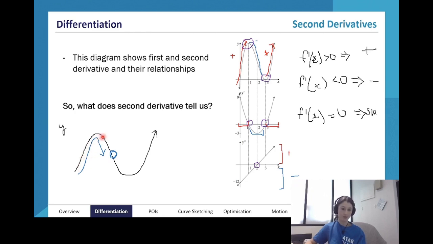And then as you can see down here, the gradient is still decreasing because it's getting steeper, but it's getting more and more negative. So even though the gradient might be -1 here, it might be like -10 here. It's getting smaller and smaller. However, at this point here, the gradient actually stops decreasing and it starts increasing. So it changes.